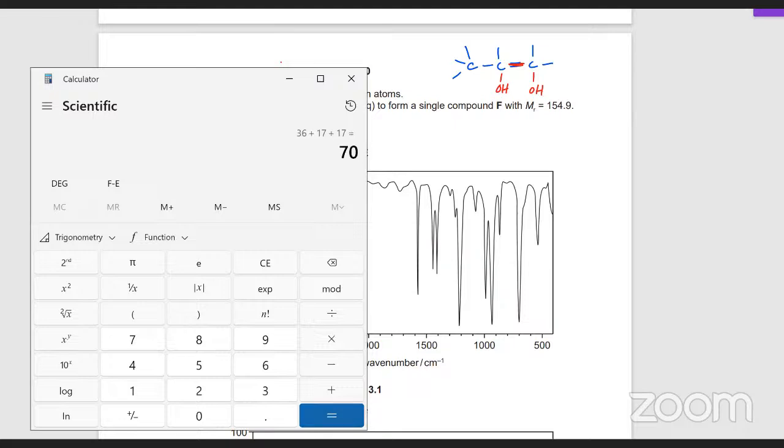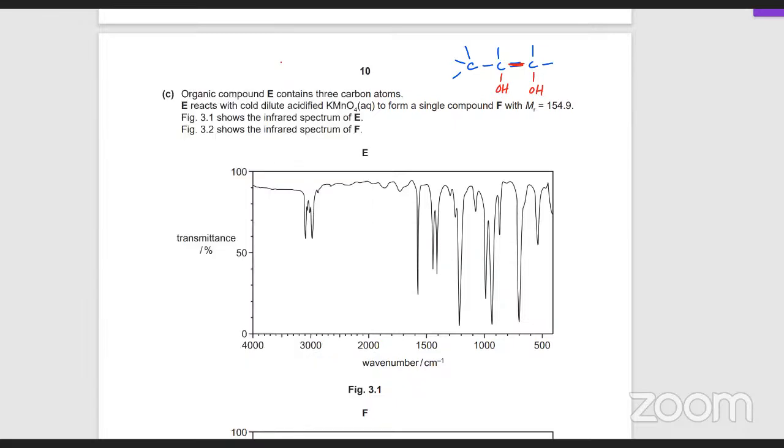How much is that? It's 70. Then how many H's? You've got 3 plus 6 H's. 76. That isn't close either, so obviously it's not this, but something similar to this.